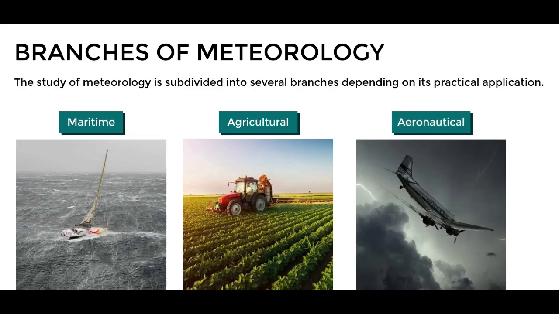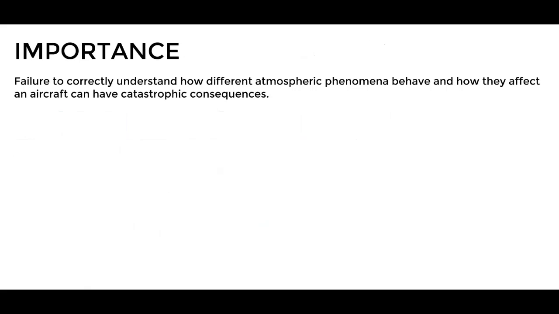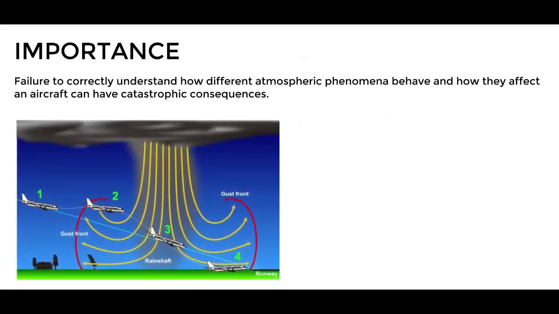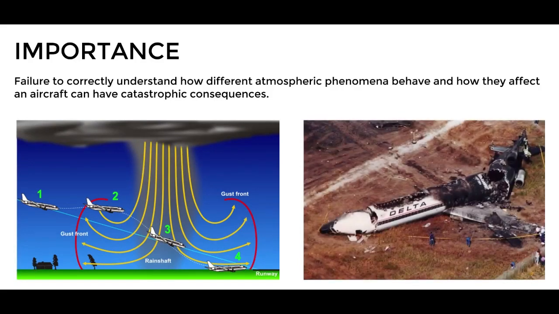With this in mind, it is really important for a pilot to understand how different atmospheric phenomena behave and how they affect an aircraft in flight. This way, failure to identify or to properly react to certain hazardous weather conditions may lead to catastrophic consequences.